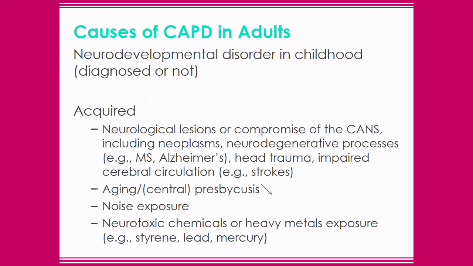What about the causes of CAPD in adults? Of course, the adult could have a neurodevelopmental disorder since childhood, which was either diagnosed or perhaps not, or they could be experiencing an acquired disorder due to a neurological lesion or compromise of the central auditory nervous system, including neoplasms, neurodegenerative processes like multiple sclerosis or Alzheimer's, head trauma, impaired cerebral circulation as a result of a stroke.